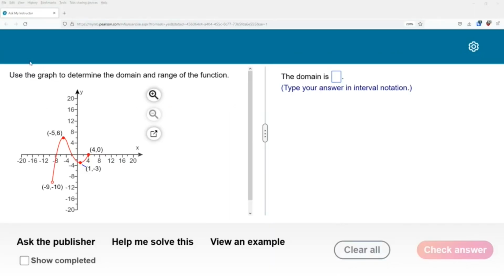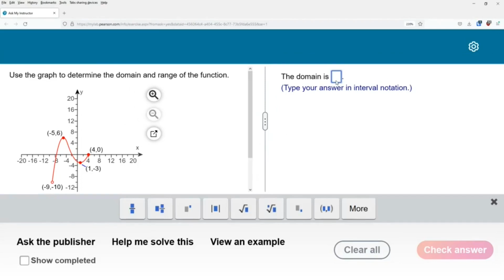So this is the question in my math lab, so I thought we would just go ahead and type the answer. What we saw is that our domain started at -9 and went all the way until 4. We're using a parenthesis on the -9 because of this open circle. So I'm using my keyboard to type parenthesis and -9.